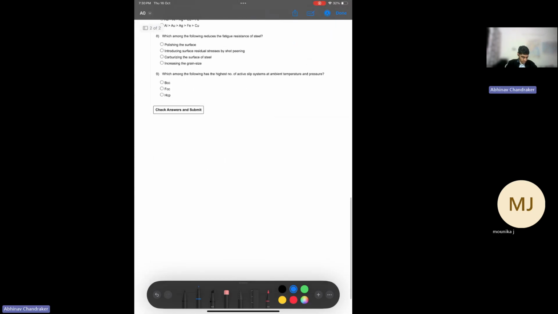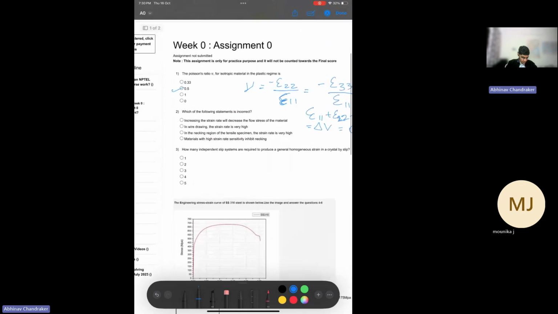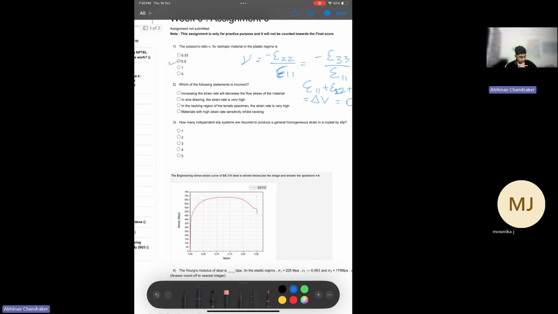We do not have solutions for this, but it is fine. Which of the following is incorrect? Increasing the strain rate will decrease the flow stress of the material.